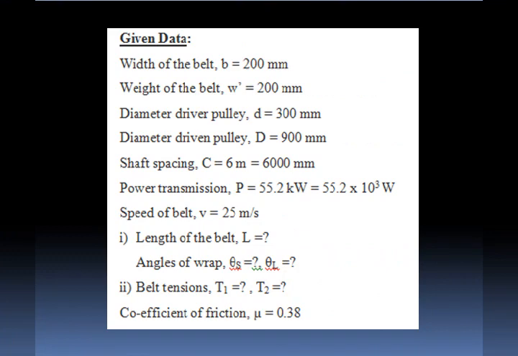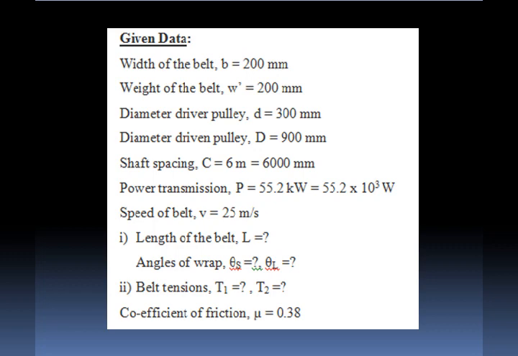Here, instead of driver and driven, we must give importance to the smaller and larger size. Even though it is the driver, we need to consider it as the smaller pulley, small d equal to 300, and the driven is larger, so capital D is equal to 900 mm. That value is required while we are evaluating the angle of wrap.